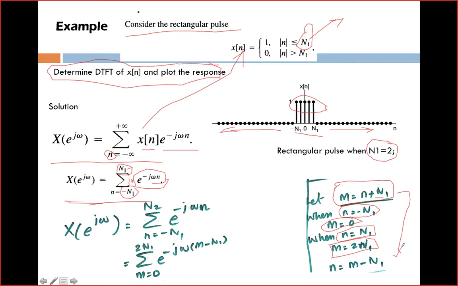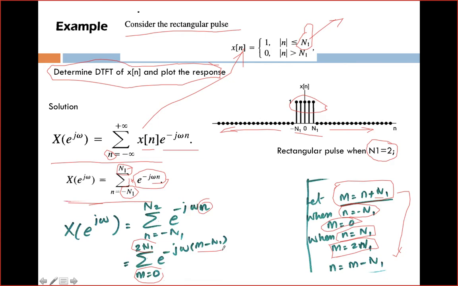So n is equal to m minus n1. So I am going to substitute all these new values in this summation. I am going to replace n with m. The lower value of m is 0 and the upper value is 2n1, and I am going to replace n by m minus n1. That's it.